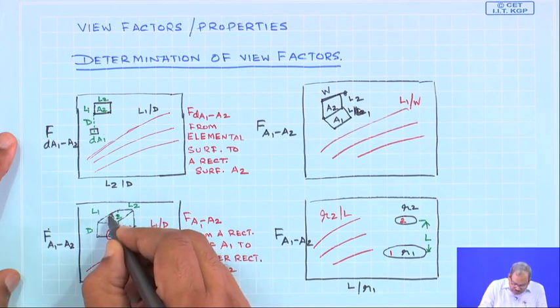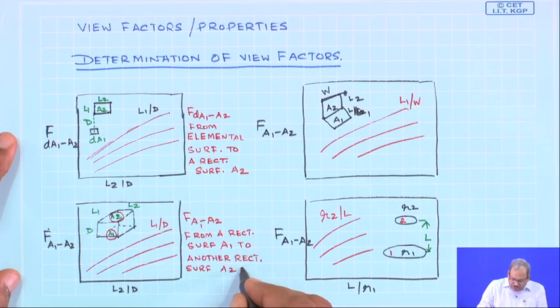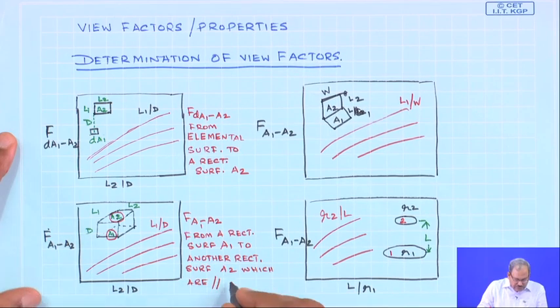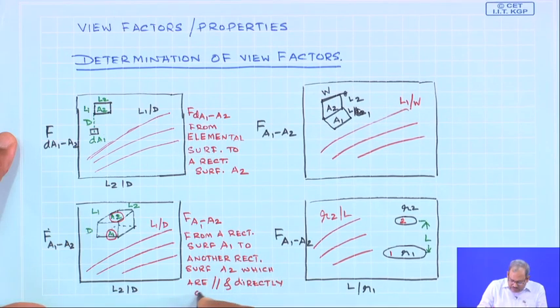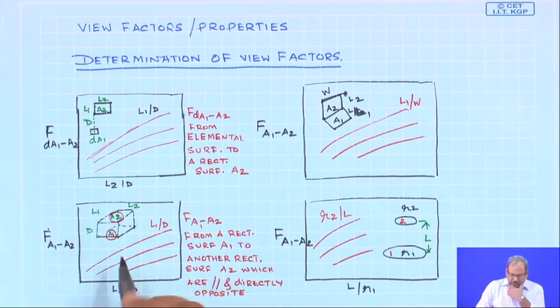This top surface is A2, which is parallel to A1 and directly opposite. Here you see that this is a cuboid and we are talking about the base area, which is denoted by A1.